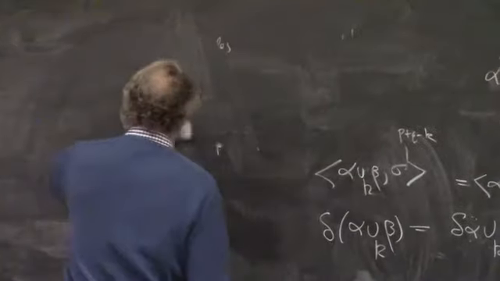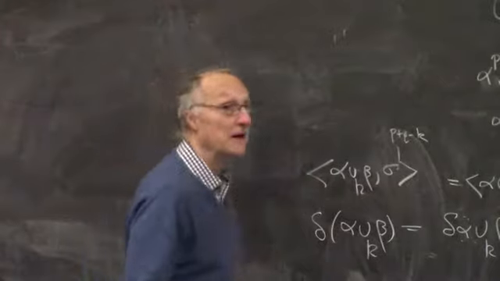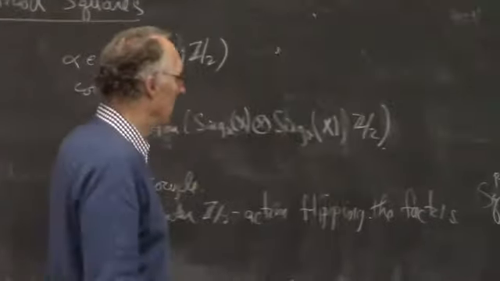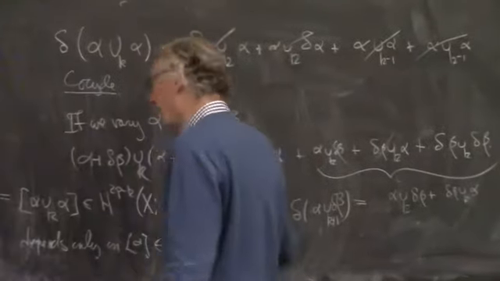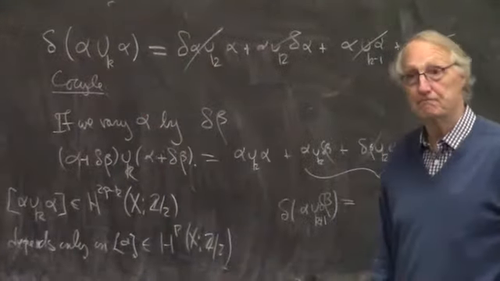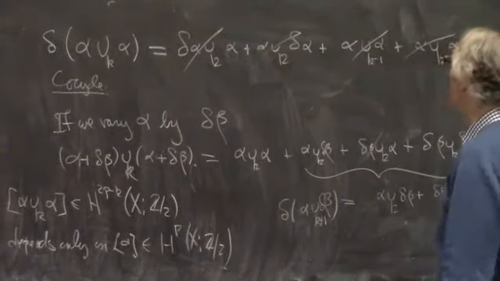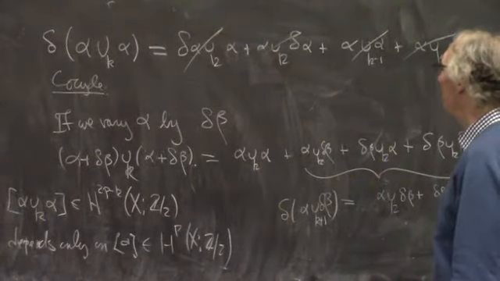Do you mean x cross x there? Sorry, say again? That space should be x cross x, right? No, this is all in X. The cup product lives in the tensor, the one above.